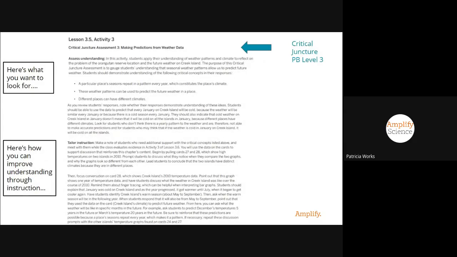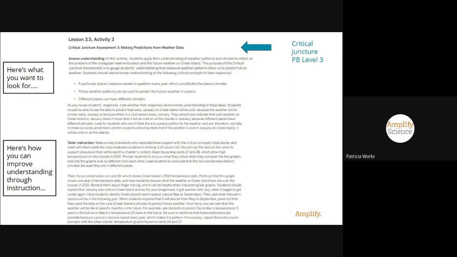In critical juncture 3, in this activity, students apply their understanding of weather patterns and climate to reflect on the problem of the orangutan reserve location and the future weather on Creek Island. The purpose of this critical juncture assessment is to gauge students' understanding that seasonal weather patterns allow us to predict future weather.